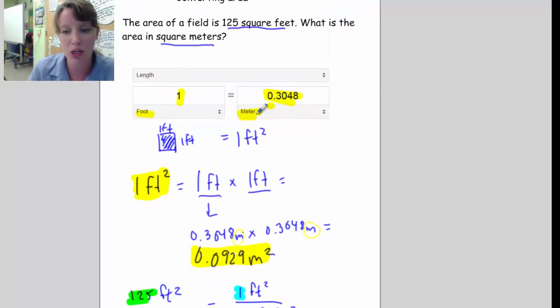Okay, if you had a cubic measurement, let's say that you wanted to convert 1 foot cubed into meters cubed, that's a volume measurement. You're wondering how many meters cubed there are in 1 foot cubed. You have to go back to the dimensions of 1 foot cubed, which is 1 foot by 1 foot by 1 foot.